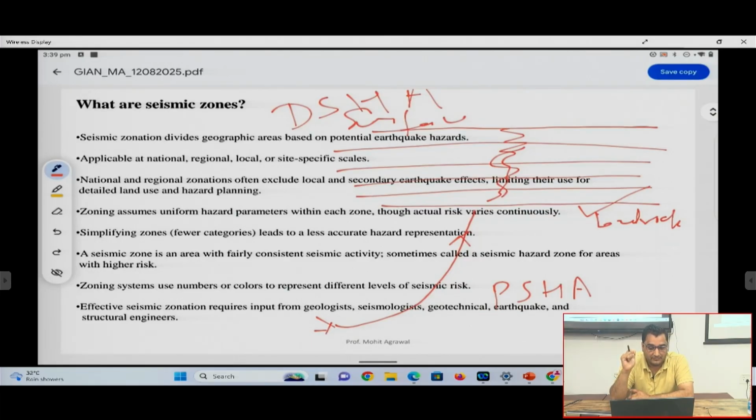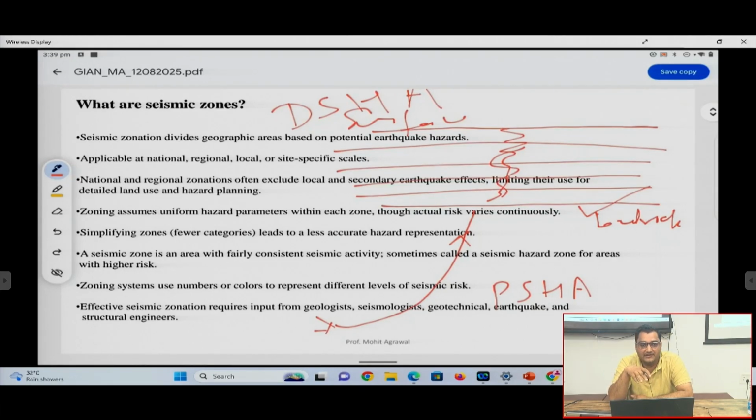So a seismic zone is an area with fairly consistent seismic activity, sometimes called a seismic hazard zone, for areas with higher risk. One thing I want to clear: do not confuse the seismic zoning map with the seismicity map. Sometimes students come to me and ask, sir, what is the difference between the seismic zoning map and the seismicity map?